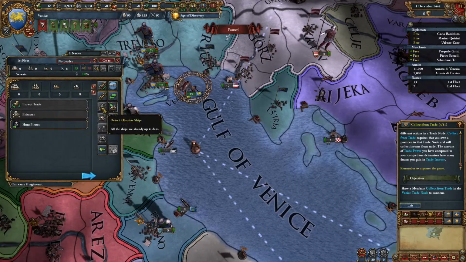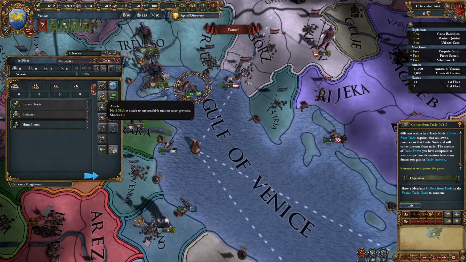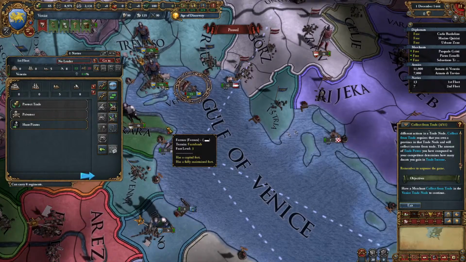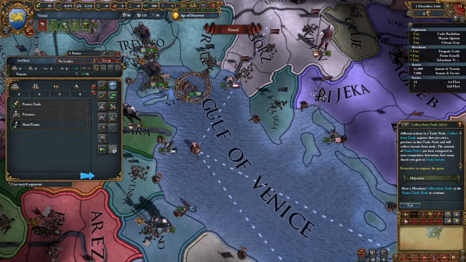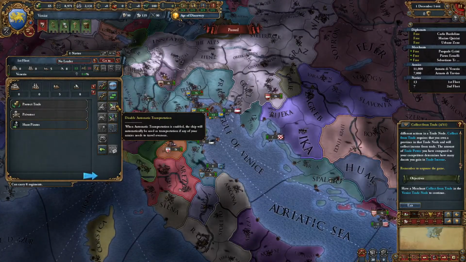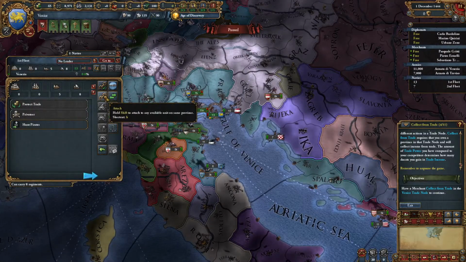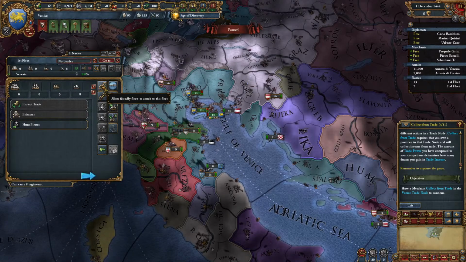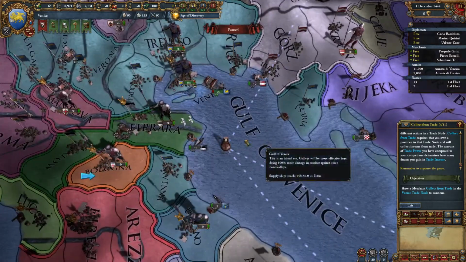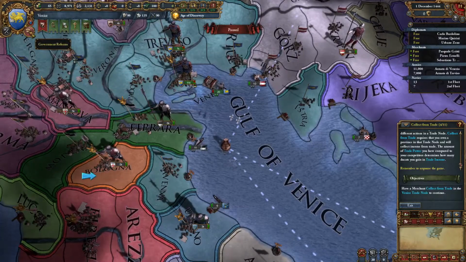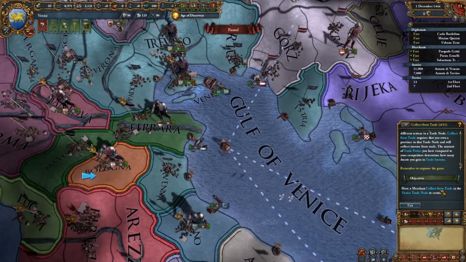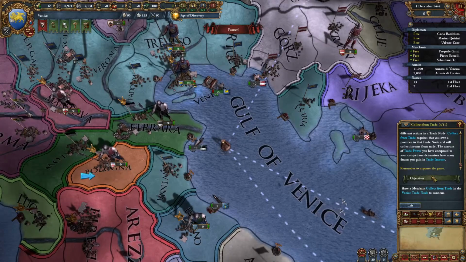Protect trade. Have a merchant collect from trade in the trade node.